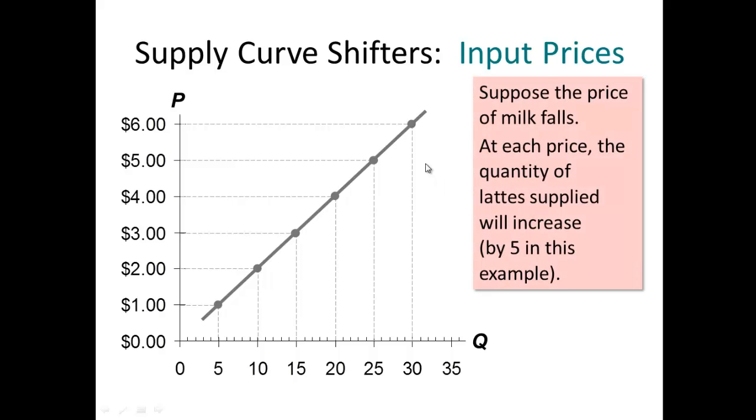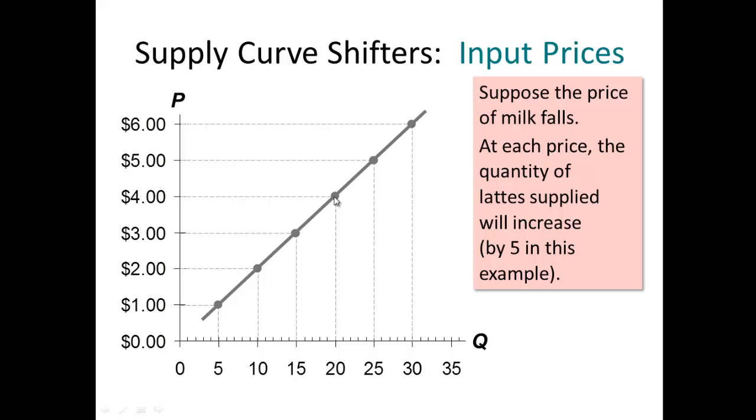When we look at this effect, basically what we see here is this. Before we get started with the shifting, let me show you movement. If we change price from $4 to $3, then our quantity supplied would go from 20 to 15. This is called supply curve movement, not supply curve shift.